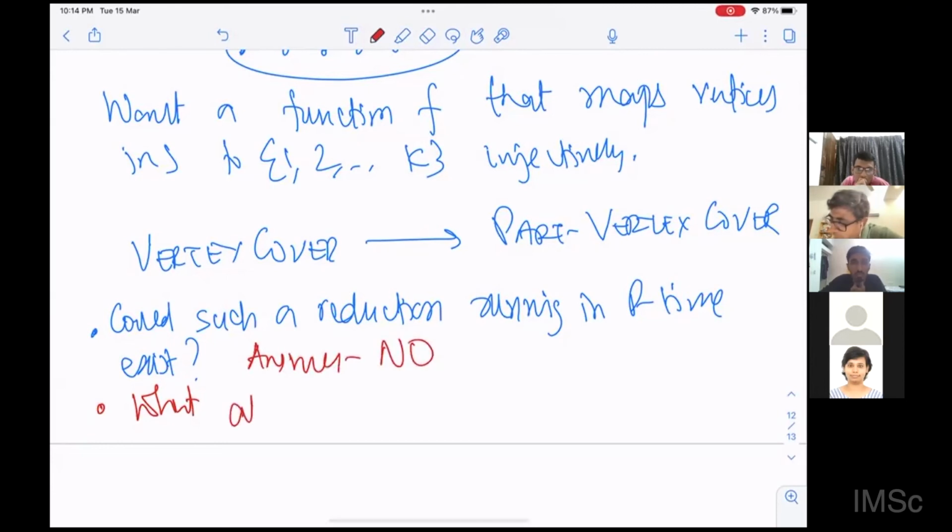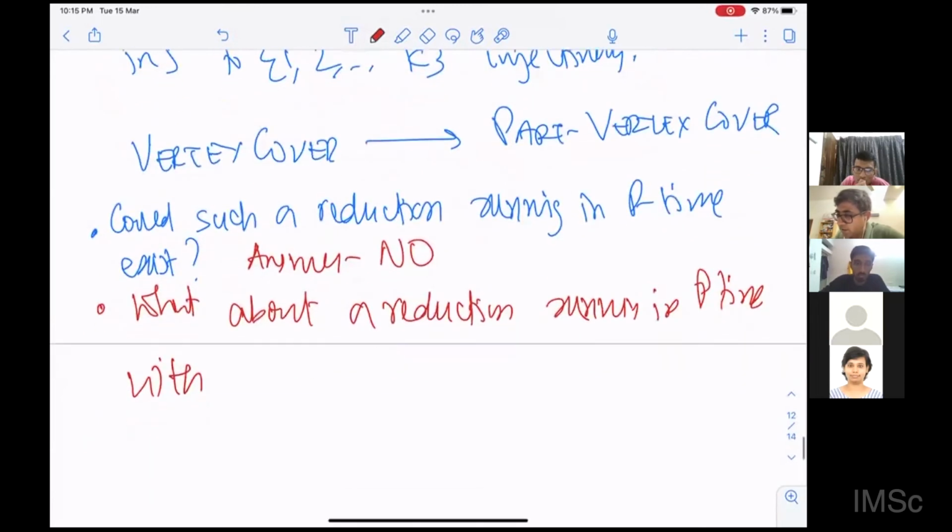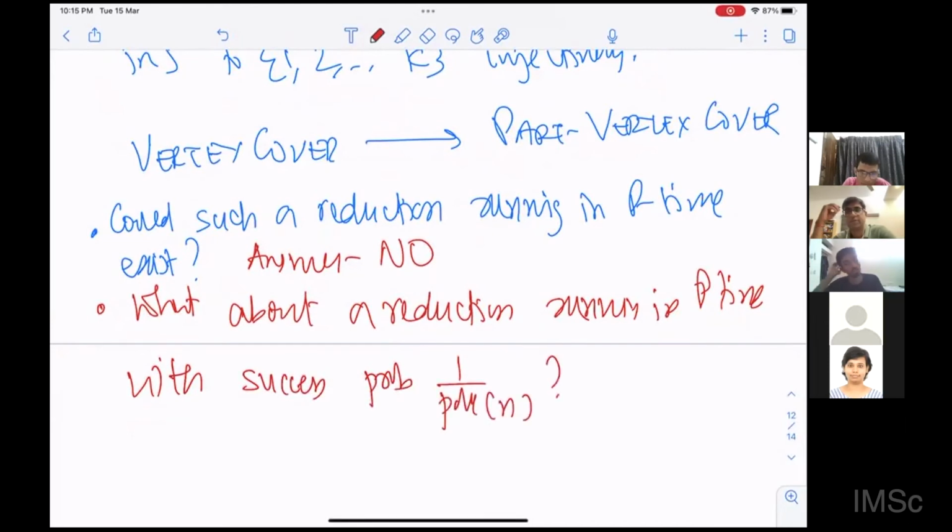What about a reduction running in polytime with success probability 1 over poly in n? Is this possible? Can I come up with a reduction such that it runs in polynomial time and success probability is at least 1 over poly n?